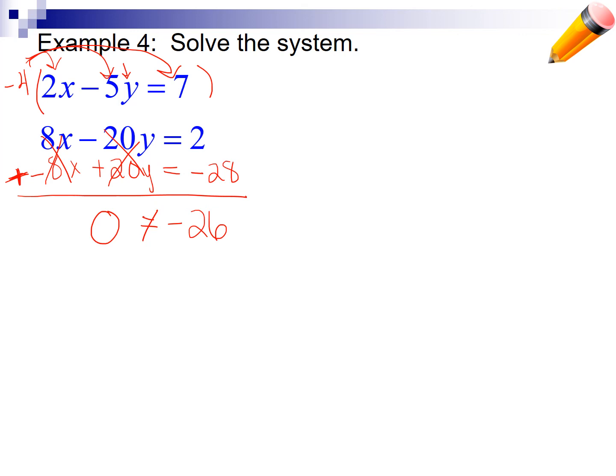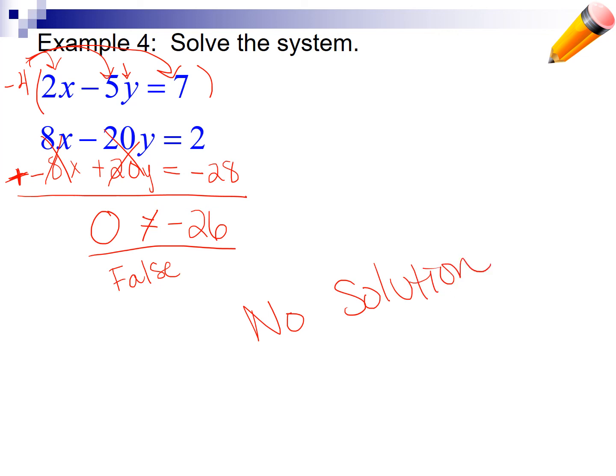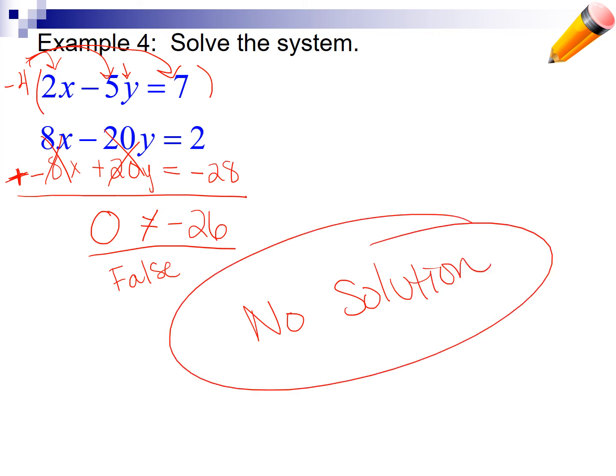So what that means is if you get an untrue or a false statement, our solution is actually no solution. So instead of getting an ordered pair for an answer, when you get a statement that says something is not equal to another thing, that's false, so then that means no solution.